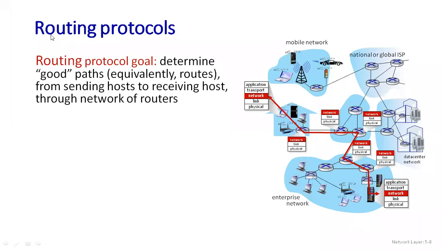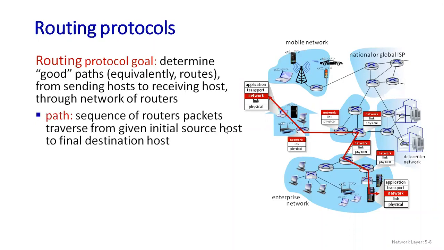The main goal of a routing protocol is to determine a good path, in the sense that the packets will not get lost. Whenever you send any packets from your sender side to the receiver side, it has to follow a path where there will not be any loss of packets, and the packet can reach within the time period. That is the main thing.